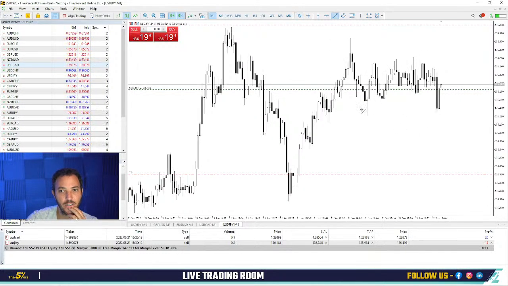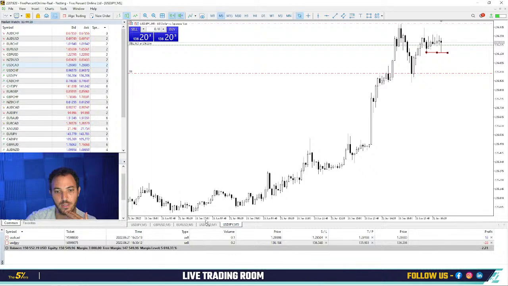If the market manages to break this, this was a previous key area, so we reacted to that now. If there's a third attempt, we should break it, and if not, we should be all the way to the lows. But there needs to be an extra attempt to the downside.